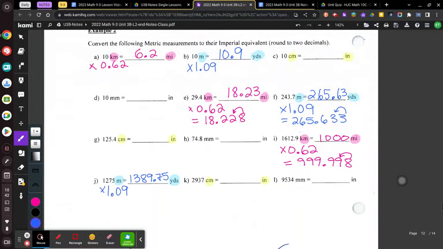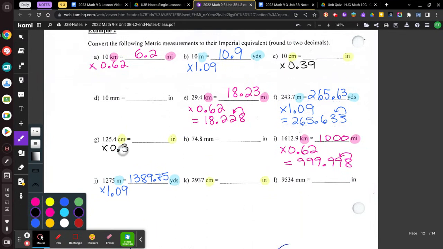So now I'm multiplying by 0.39, times 0.39, times 0.39. All right, do your calculations. Let's see if we match. This one should give us 3.9.